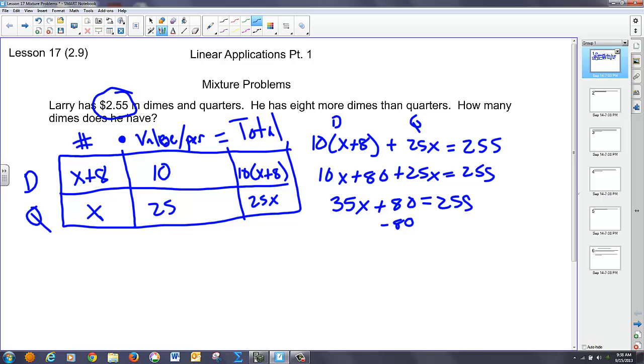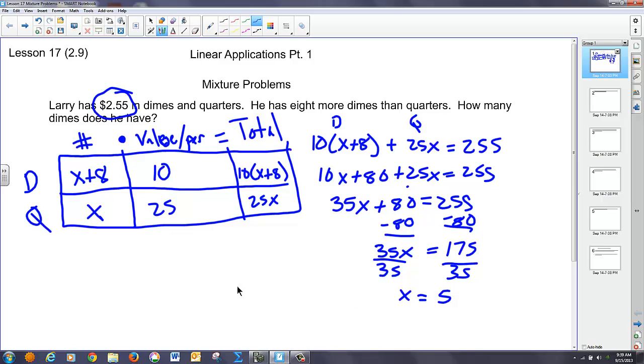And when I do that, I end up with 175 is equal to 35x. And now I'm going to divide both sides by 35. And I end up with x equaling 5.